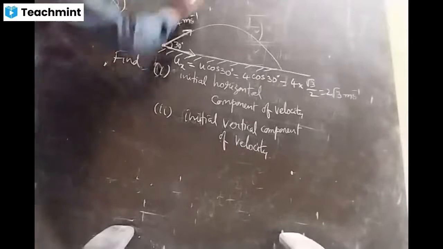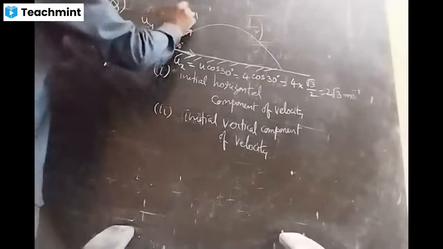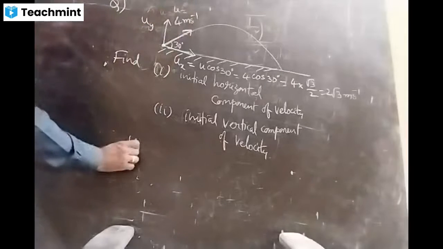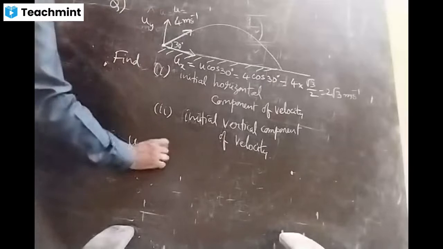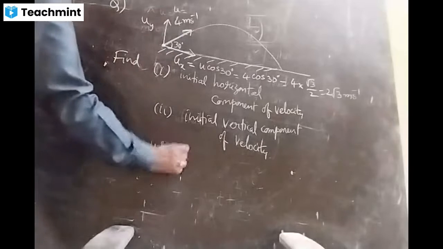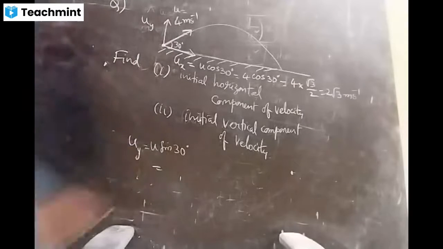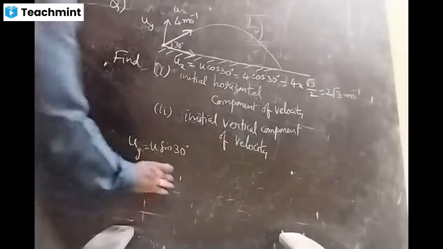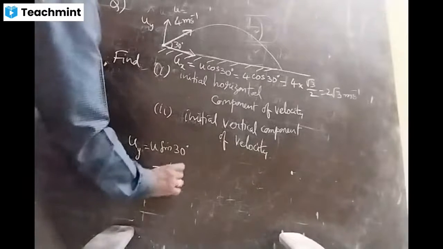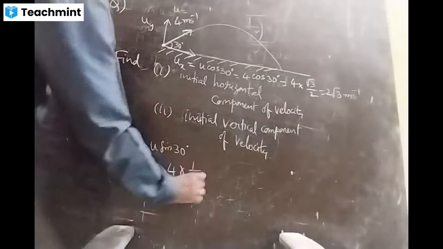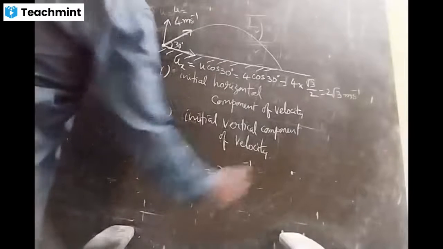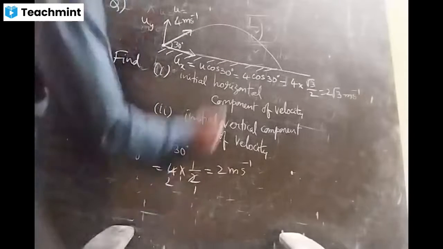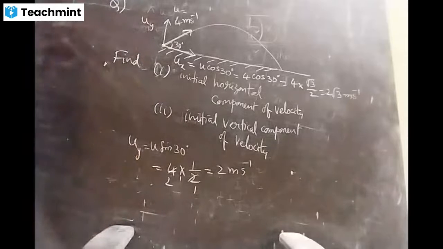What about uy? U sin 30 degrees. U is what? 4. Sin 30 is 1/2, 4 into 1/2. It's nothing but 2 meter per second.